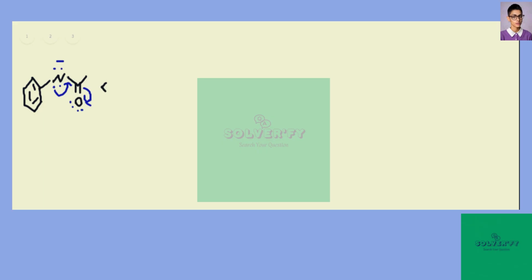And that will give us this, with 1 lone pair on the nitrogen now and 3 lone pairs and a negative charge on this oxygen.